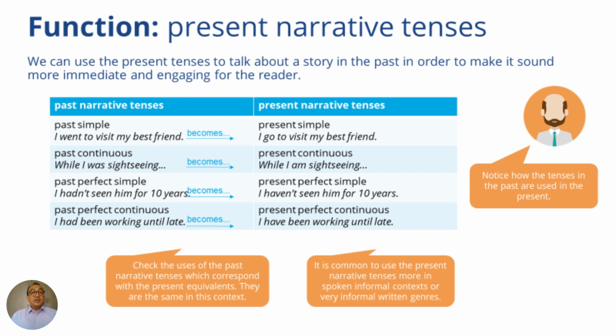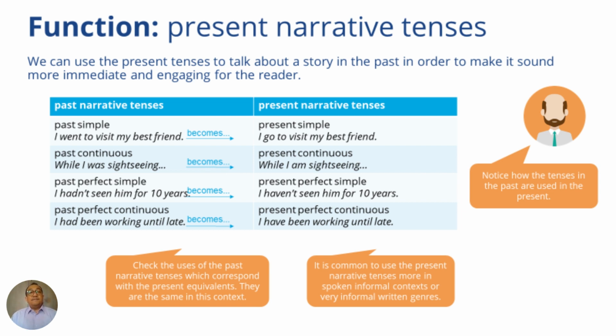Okay, look at this now. We can use the present tenses to talk about the story in the past. Why? Because we want to make it more immediate and engaging for the reader, to make the reader feel comfortable and feel they are in the story, to make the conversation live. So that is not about the grammatical structures, but the message is delivered nicely and closely to the listener.